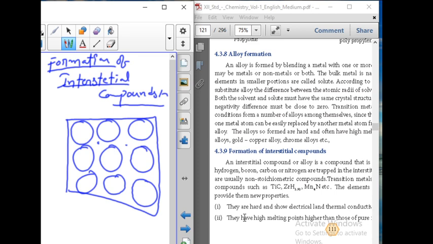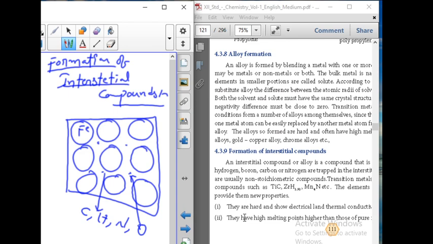These interstitial sites are occupied by atoms of small atomic size, like carbon, hydrogen, nitrogen and oxygen. Suppose this is iron, and oxygen goes and occupies this place. It can form rust, iron oxide, but for iron oxide we don't have an exact formula.